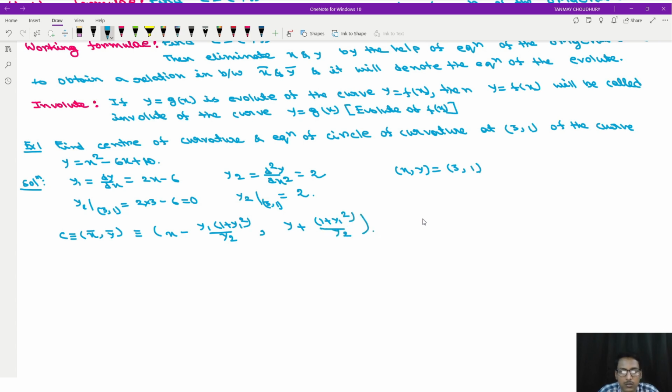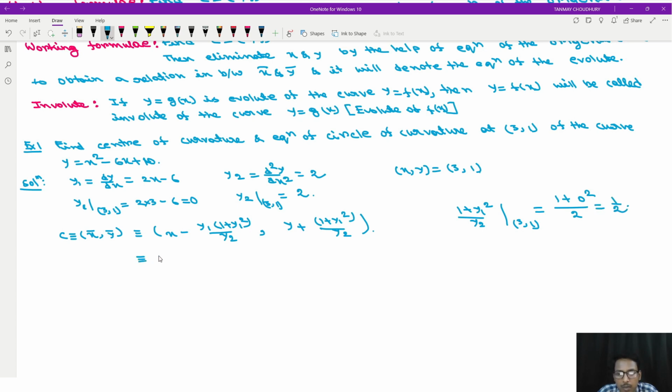So in this case 1 plus y1 square divided by y2 at the point 3, 1 is 1 plus 0 square divided by 2, so this is simply half.